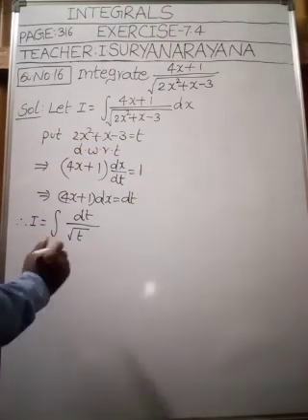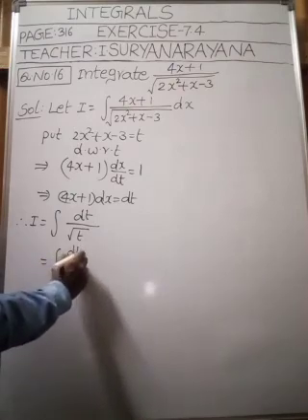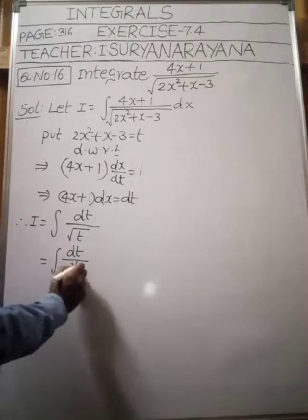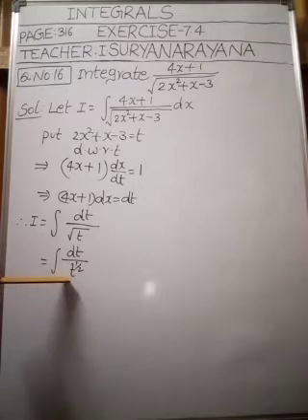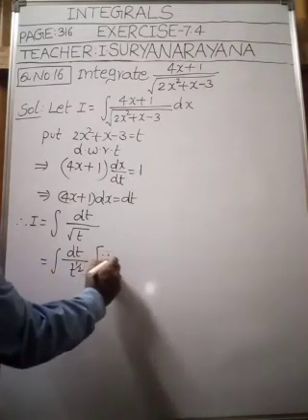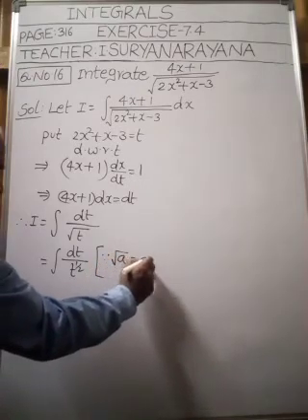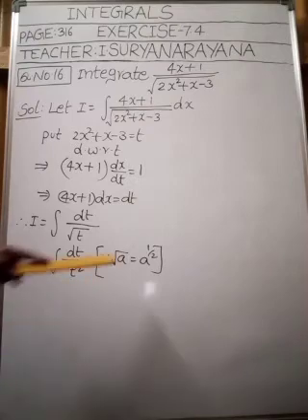This can be written as the integral of dt by t power 1 by 2. We converted this radical sign into exponential form, because root a can be written as a power 1 by 2, where a is equal to t here. Understood?